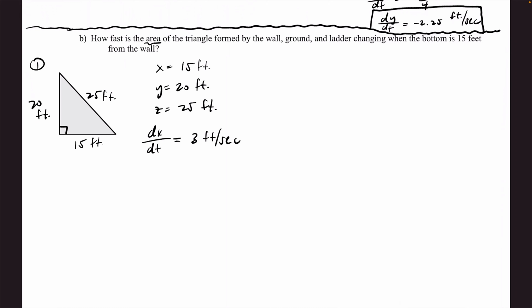dy over dt, I know now, negative 2.25, right? Yep. Feet per second. What was dz over dt? 0 feet per second.